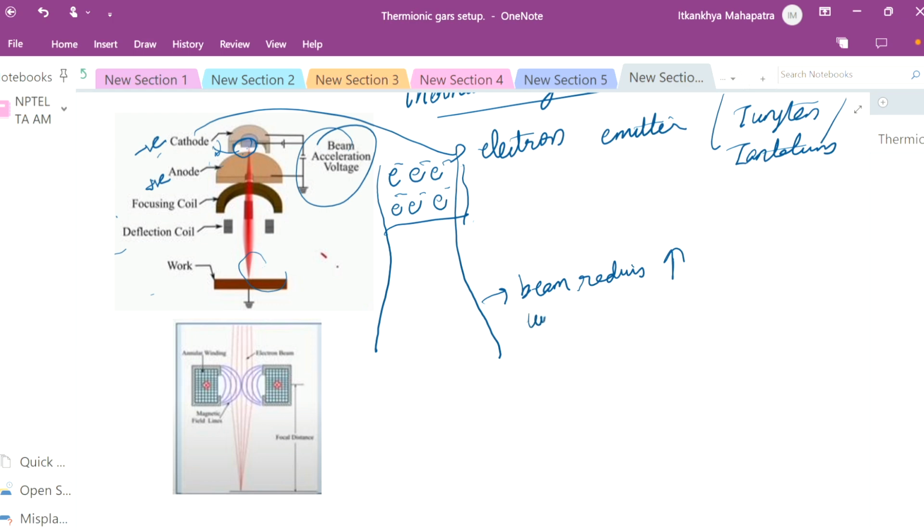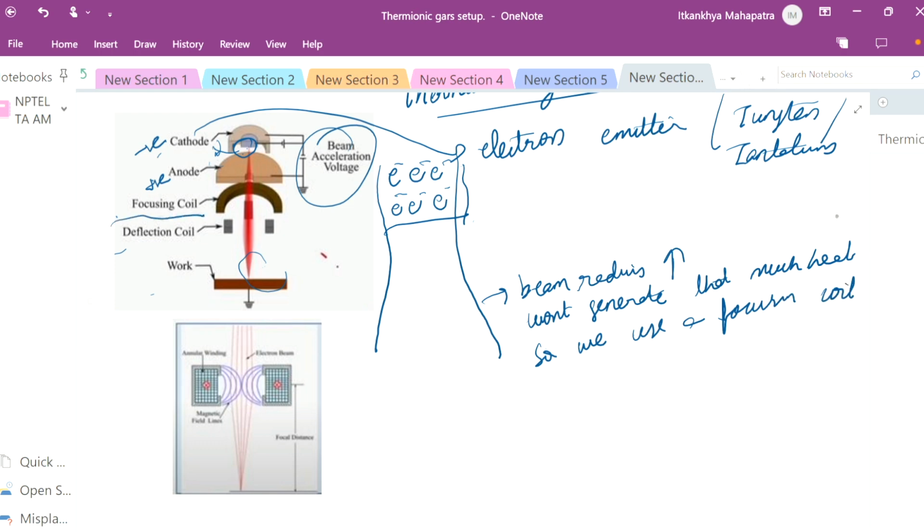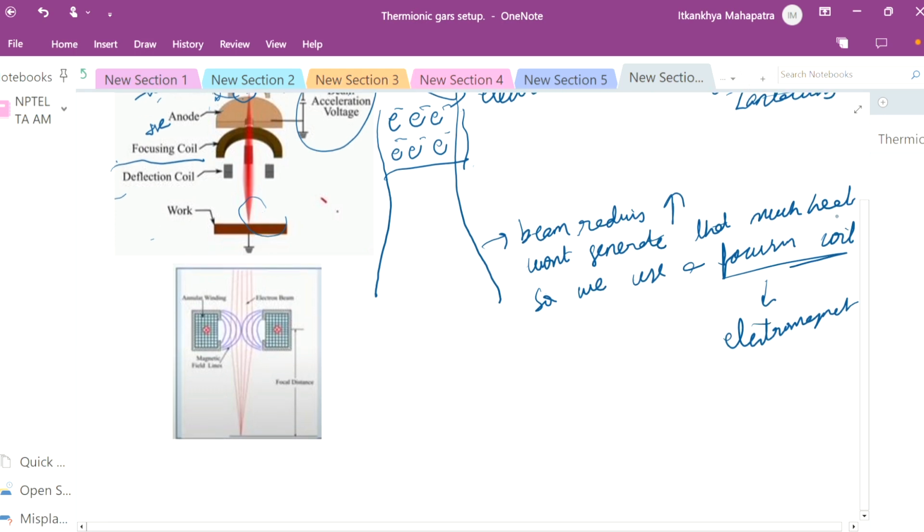So we will use a focusing coil. This focusing coil which we use is an electromagnet. Now the electrons pass through this electromagnet.